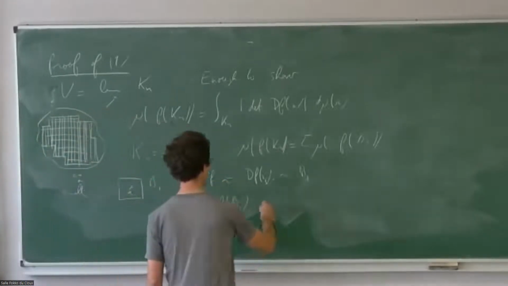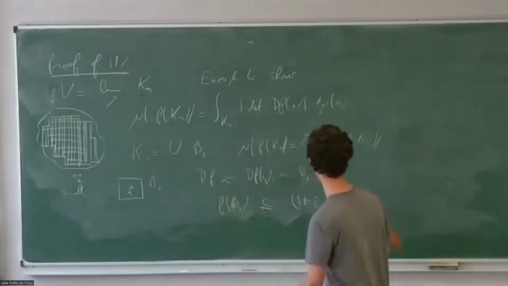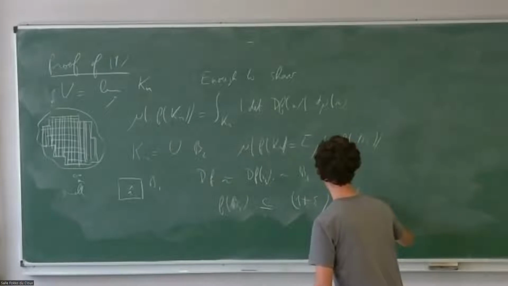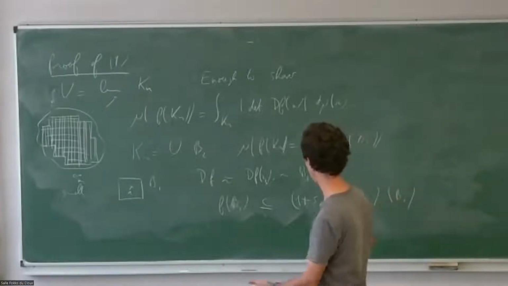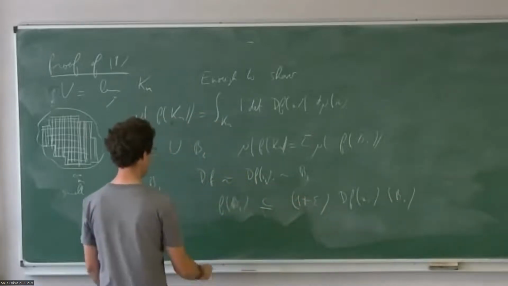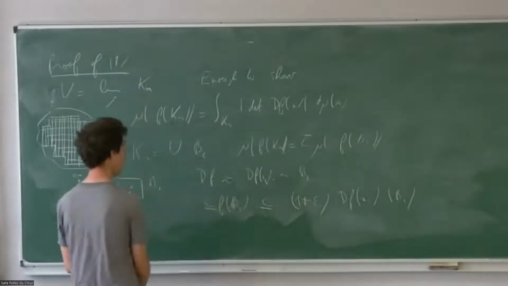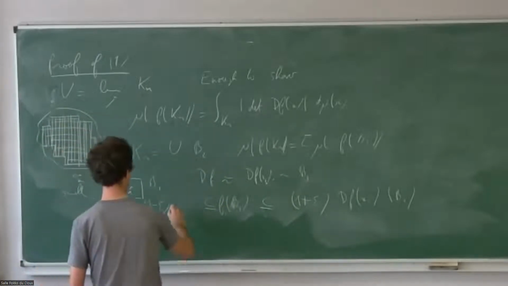It will be contained in, say, (1 plus epsilon) times the rescaled version of df of x_i applied to B_i. And this is really straightforward from this behavior. And you also have an inequality in the other direction, containing (1 minus epsilon) df of x_i of B_i.